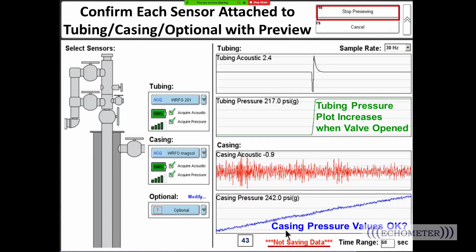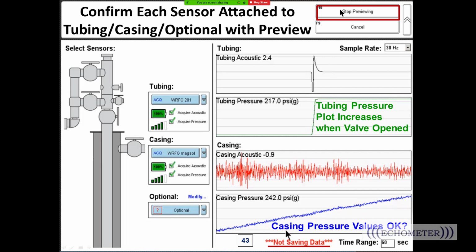This is just previewing the data, and it's saying we're previewing. You see here that we open the valve between the gas gun and the well on the tubing, and we see this hop in pressure. We knew that was the gun attached, and we see that it's hooked up correctly, so that means we're okay, ready to start the test.